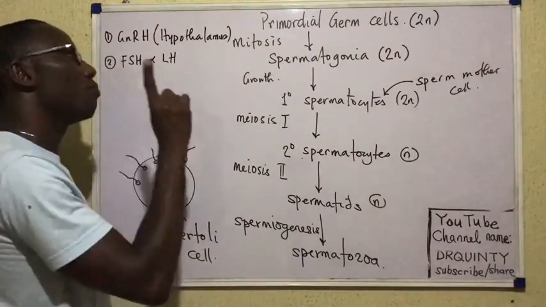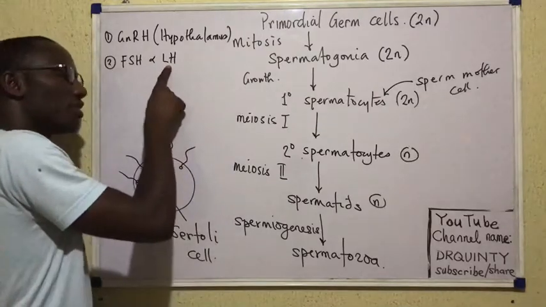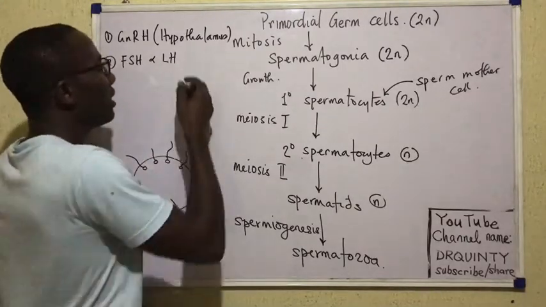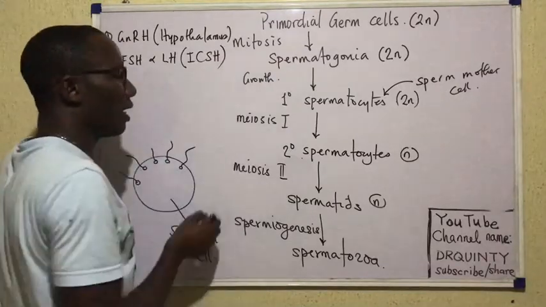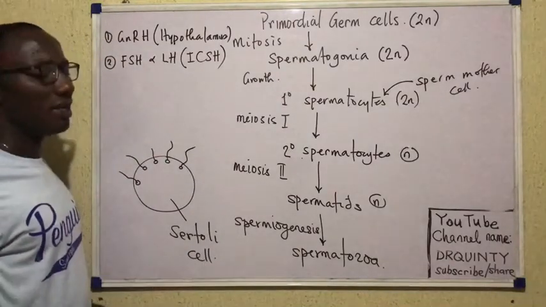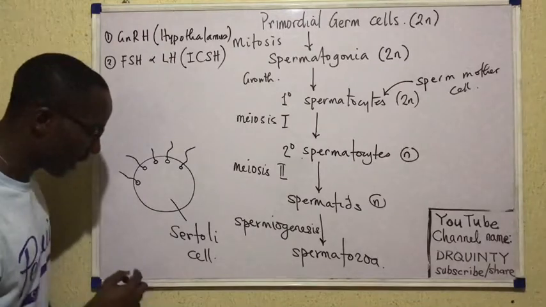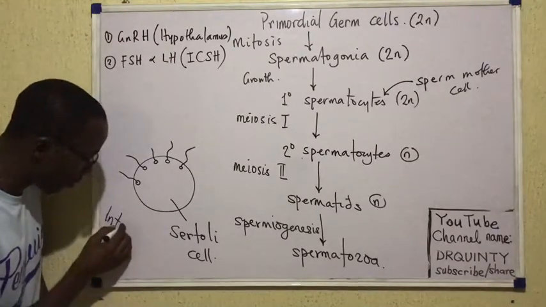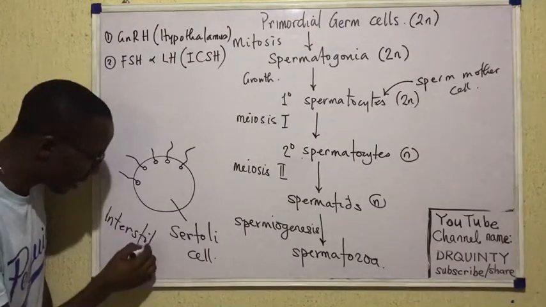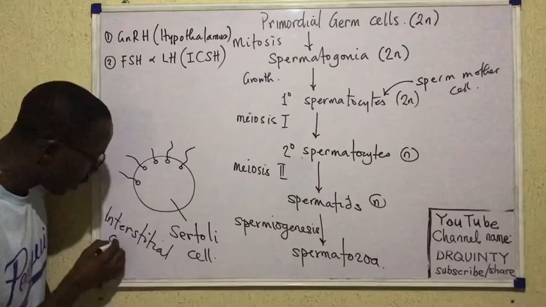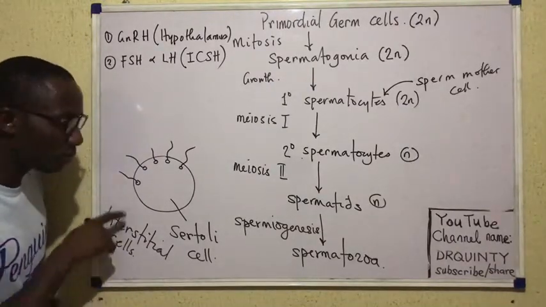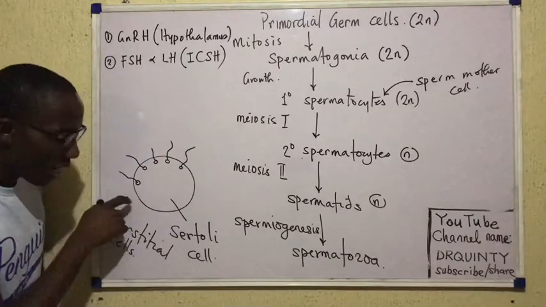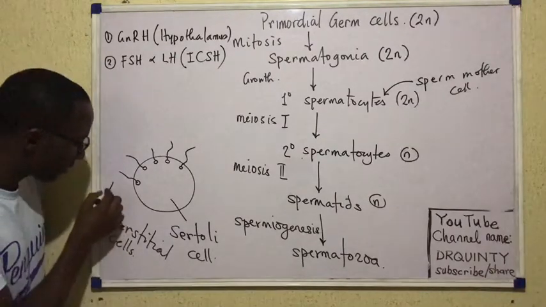Then, in a male, luteinizing hormone LH is also called ICSH. ICSH means interstitial cell stimulating hormone. So there are some cells that we call the interstitial cells present in the testes, and these cells are named after Leydig.